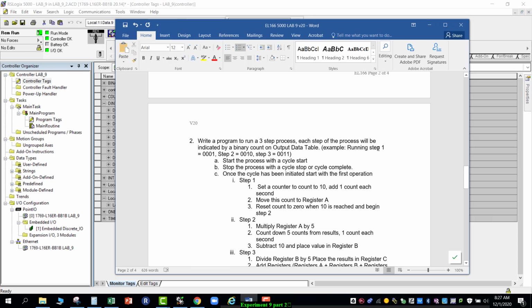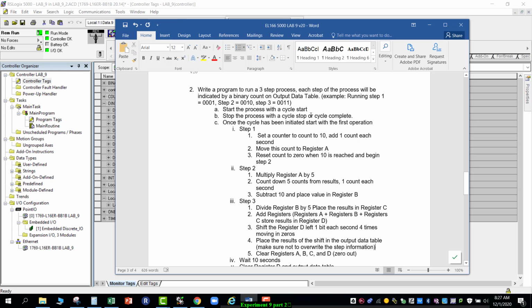When I move a 1, for instance, into the output data table, I could use a mask move and make sure I'm only sending the 1, or I actually set my mask to a 3, so every time I send a 1, 2, or 3, I'm only looking at these first 2 bits. So you can adjust that to whatever you want there.